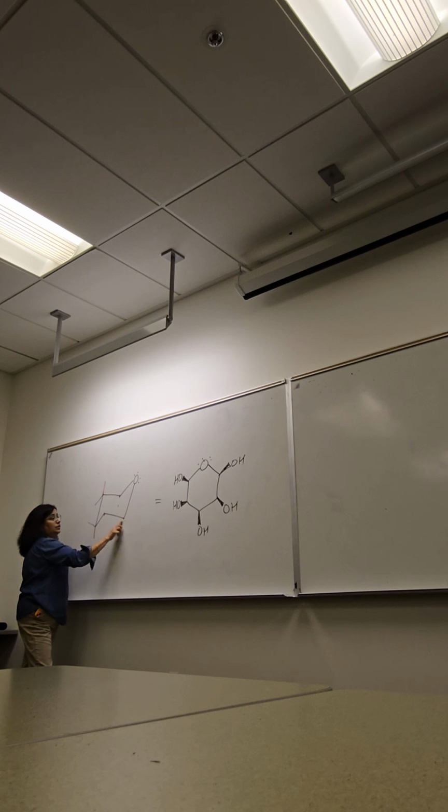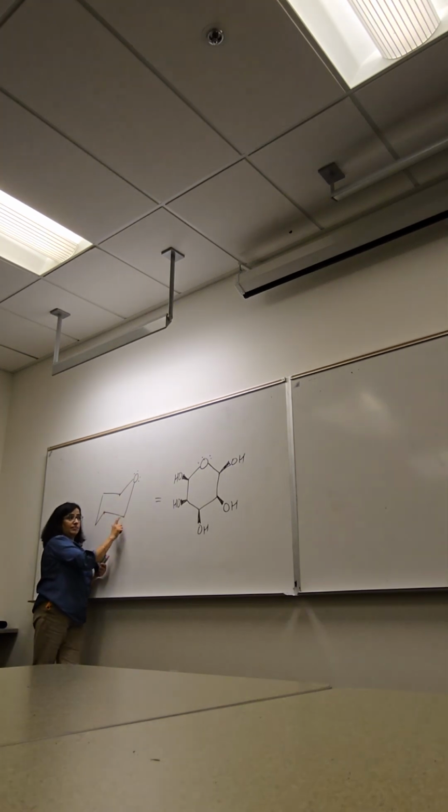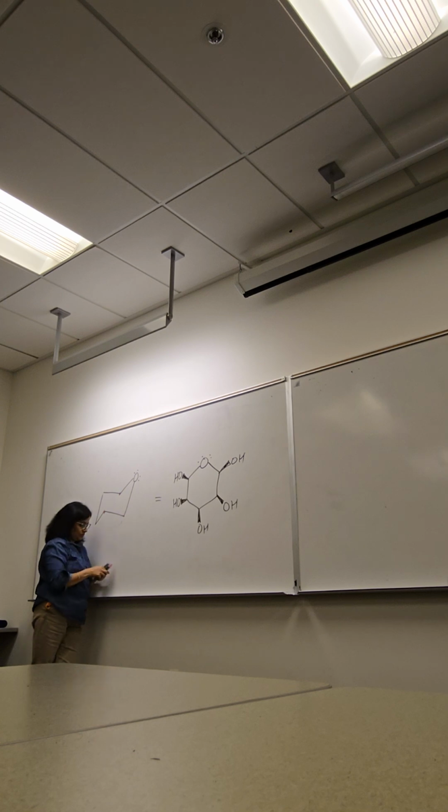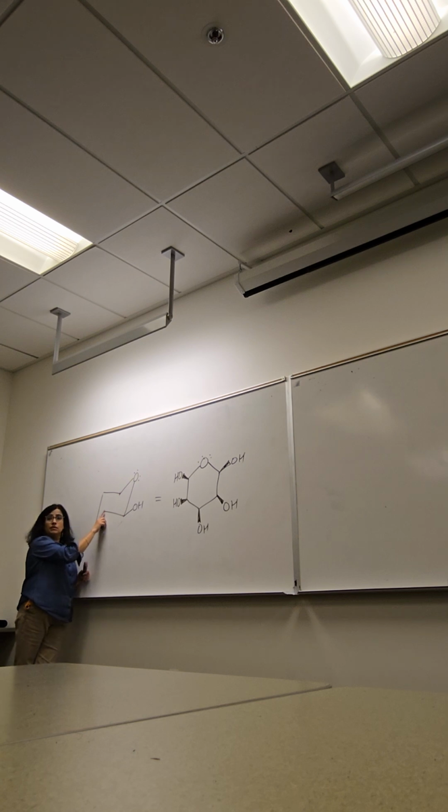So, starting with carbon 1, where should I put the OH? Should I put it on the equatorial position or axial position? Equatorial? Okay, the next one? Axial? The next one? Equatorial.